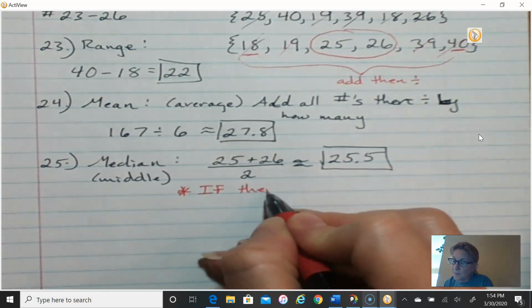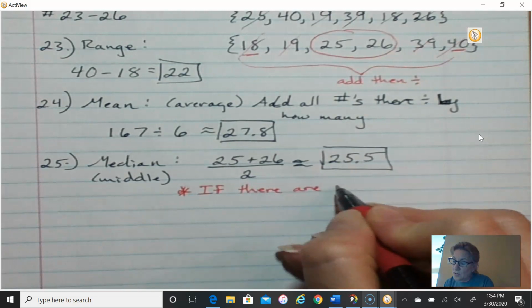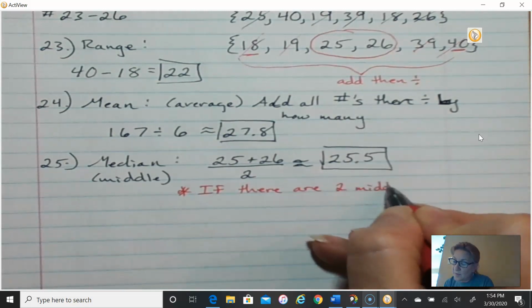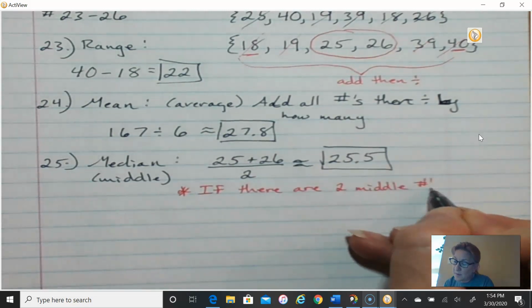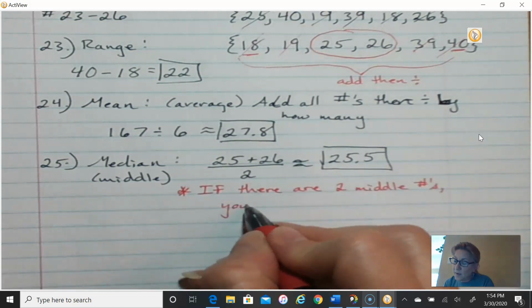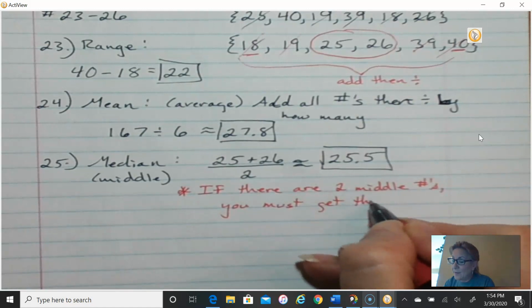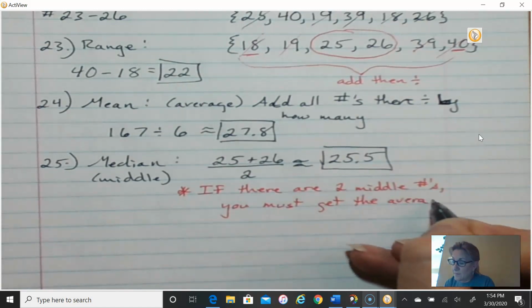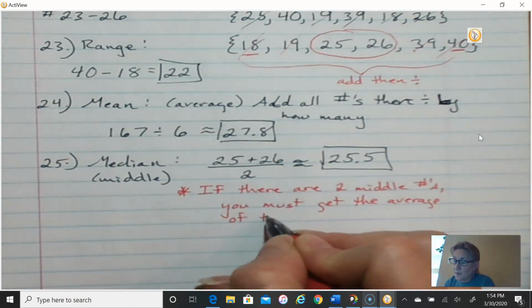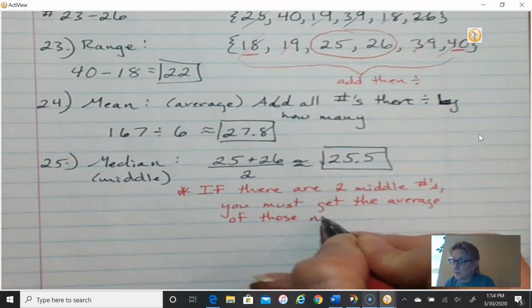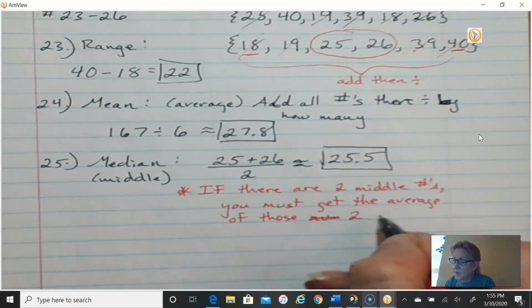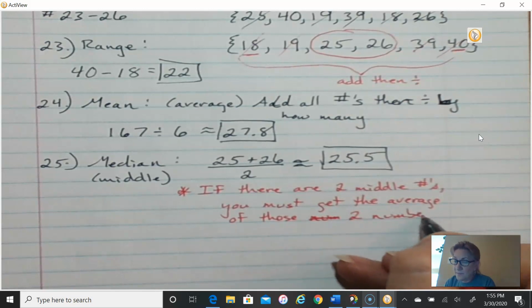If there are 2 middle numbers, you must get the average of those numbers. I'm going to say of those 2 numbers. Okay?